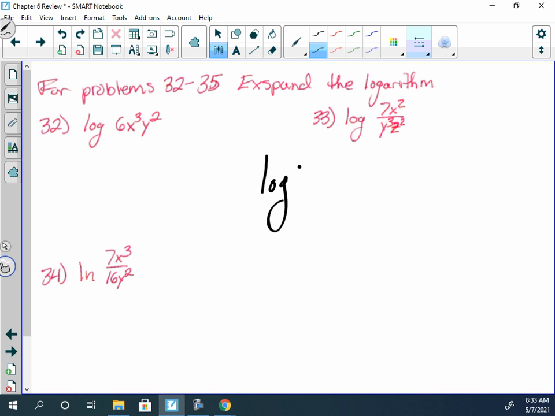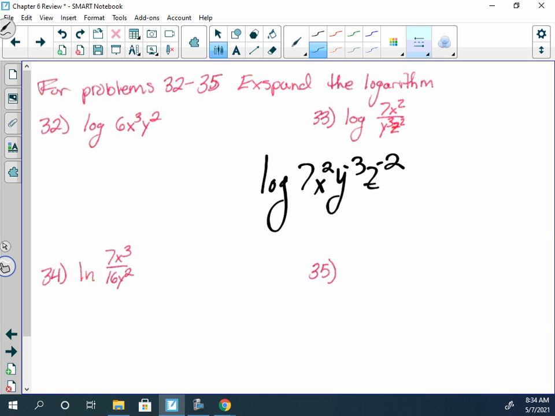The first thing I'm going to do is move everything up. I'm going to move those 2 from the denominator to the numerator. I'm going to move everything to the top. Because when we move something from the bottom of the fraction to the top, the exponents become negative, which is fine.